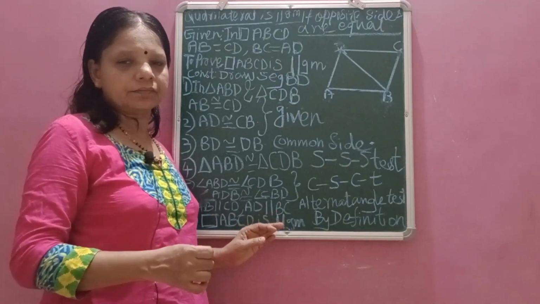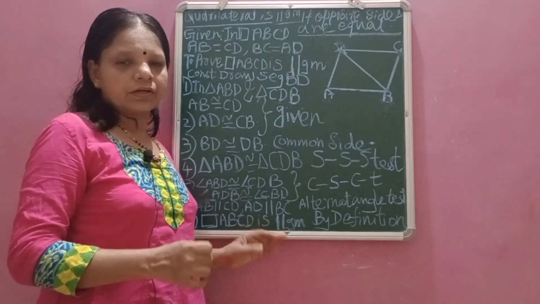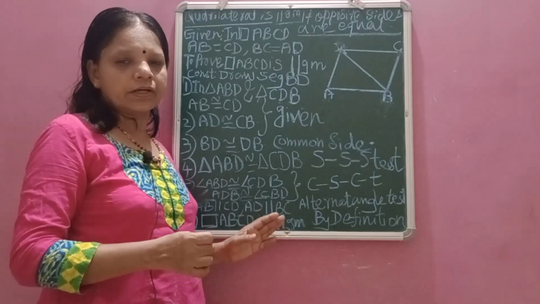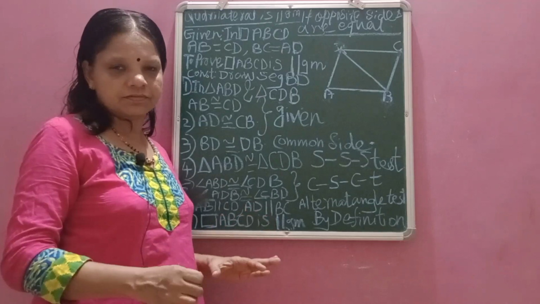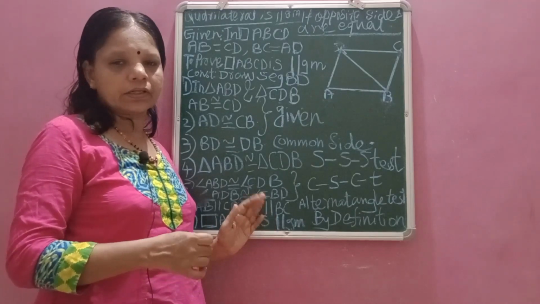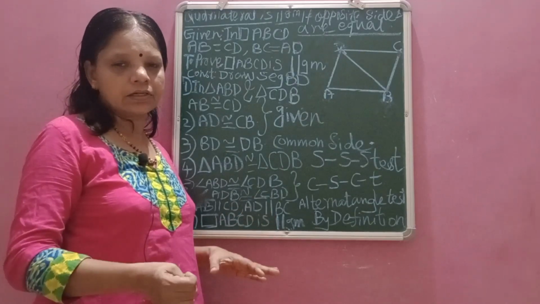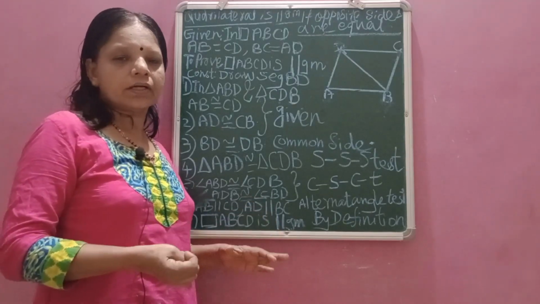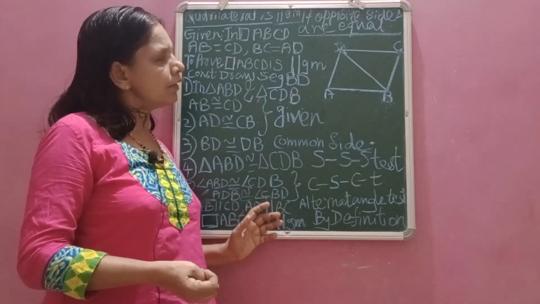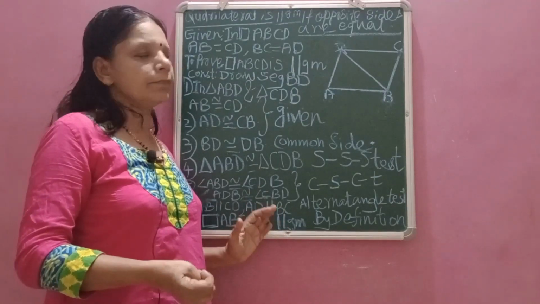So what have we done? We have proved the two triangles formed by the diagonal are congruent by SSS test. Then we took the corresponding angles of congruent triangles. These corresponding angles are nothing but the alternate angles for the lines AB, CD and AD, BC.